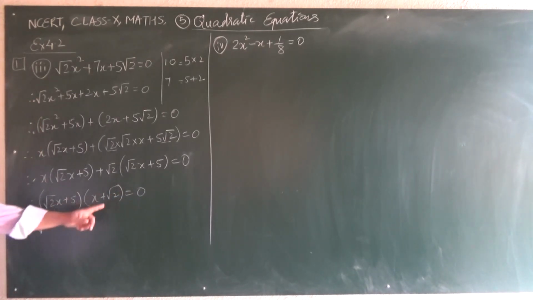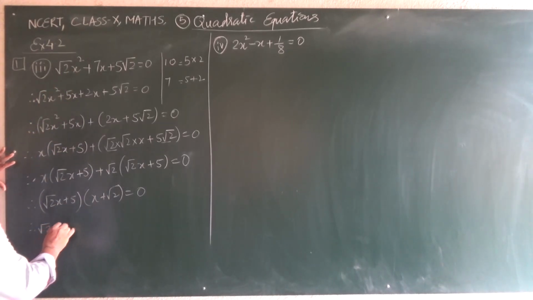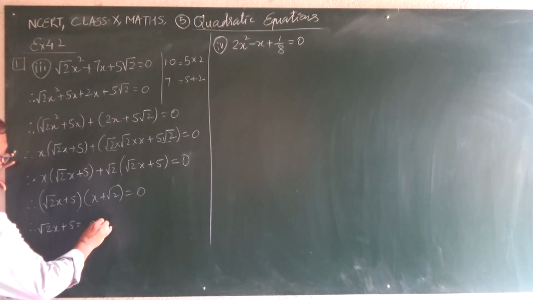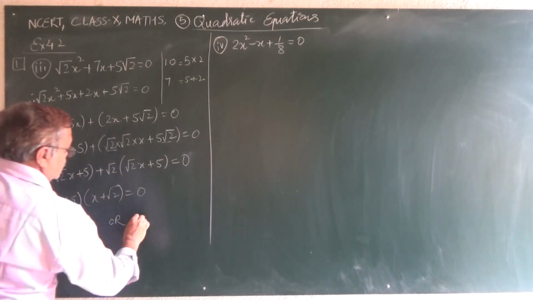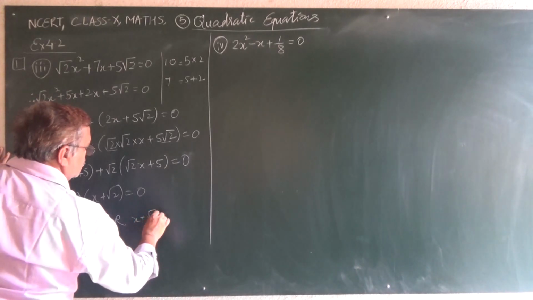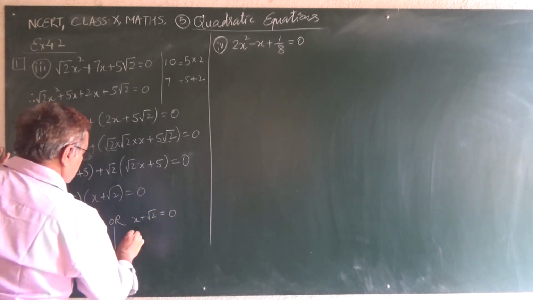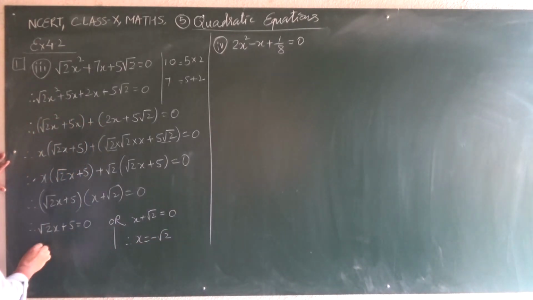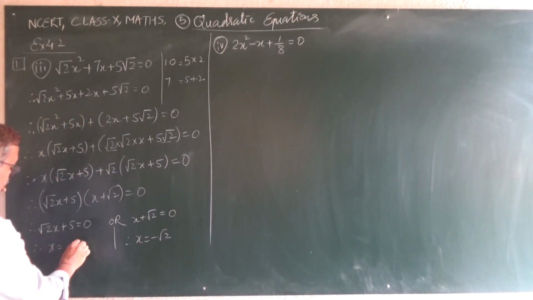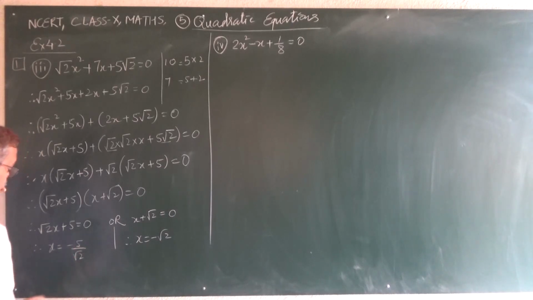Therefore, these are the factors of this. Now you want to find the roots. So root 2 into x plus 5 is equal to 0, or x plus root 2 is equal to 0. So therefore x is equal to minus root 2, and x is equal to minus 5 by root 2.